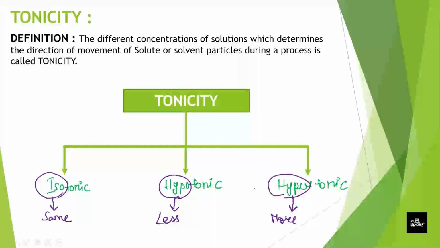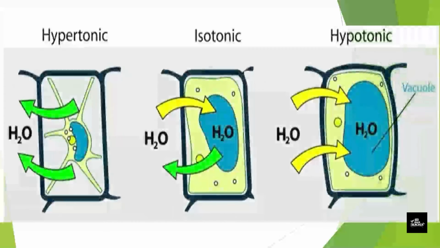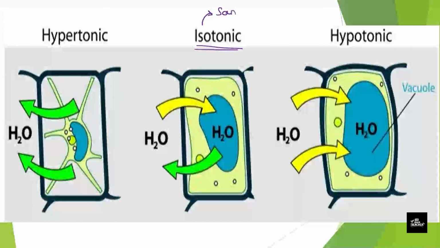Now let us try to understand these three types of tonicity with the help of a particular diagram. It will be easier for you all to understand. First, let us understand isotonic solution. Iso means same.